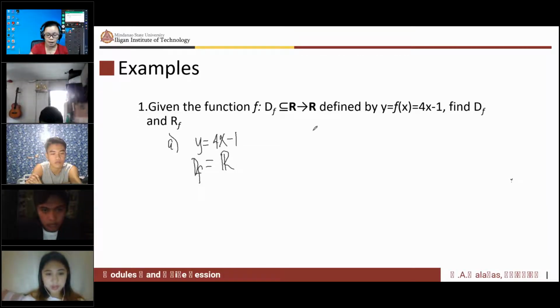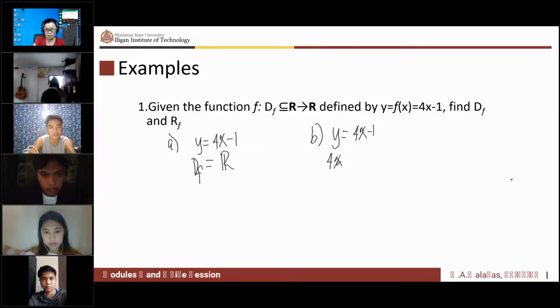Now, to find the range, we solve for x in terms of y. We're given this, we solve for x. So you have 4x. You had this already in your last session, so it's easy for you.